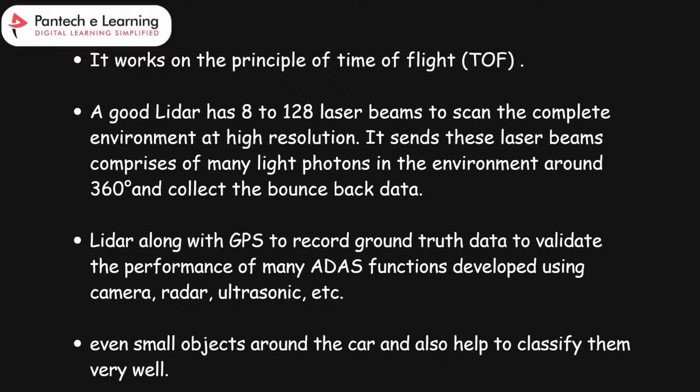Lidar works together with GPS to make sure it gets things right. GPS provides ground truth data. It's like a reference point to check whether Lidar's measurements are accurate. This helps validate the performance of the other systems in the vehicle, like camera, radar and ultrasonic sensors.